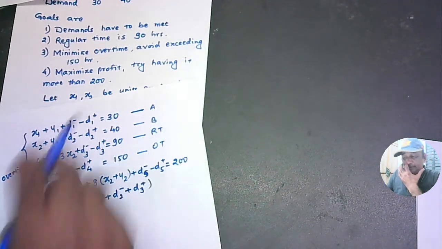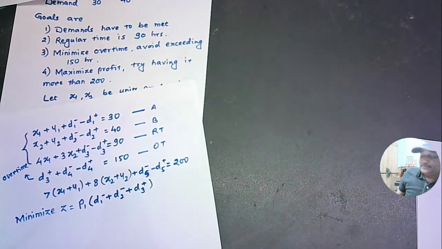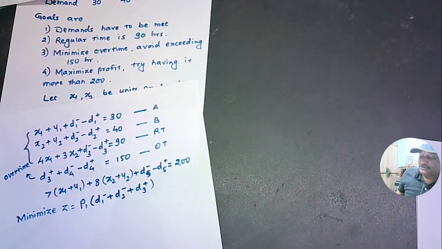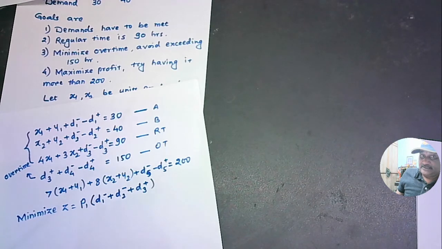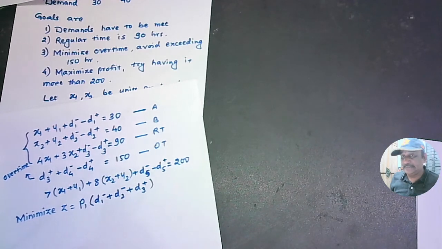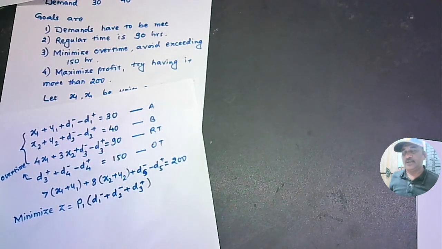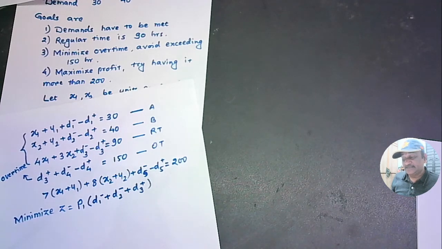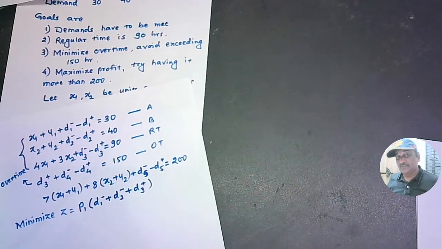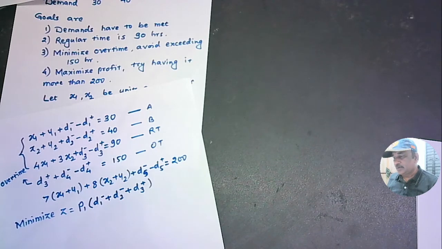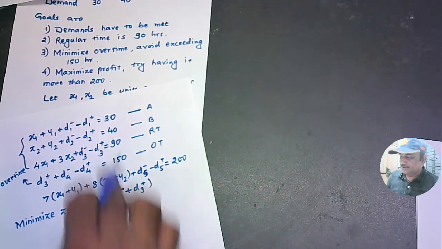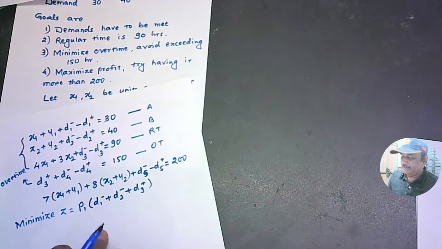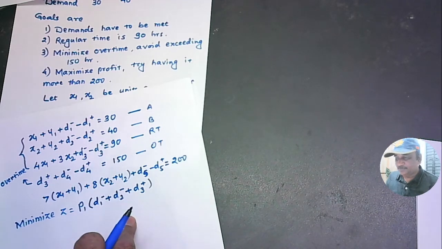Otherwise there is a tendency of working less in regular hours and more in overtime hours. If I keep D3 plus as low as possible, that will ensure more working in regular hours. So these three are coming at one level; they are to be achieved at first priority.